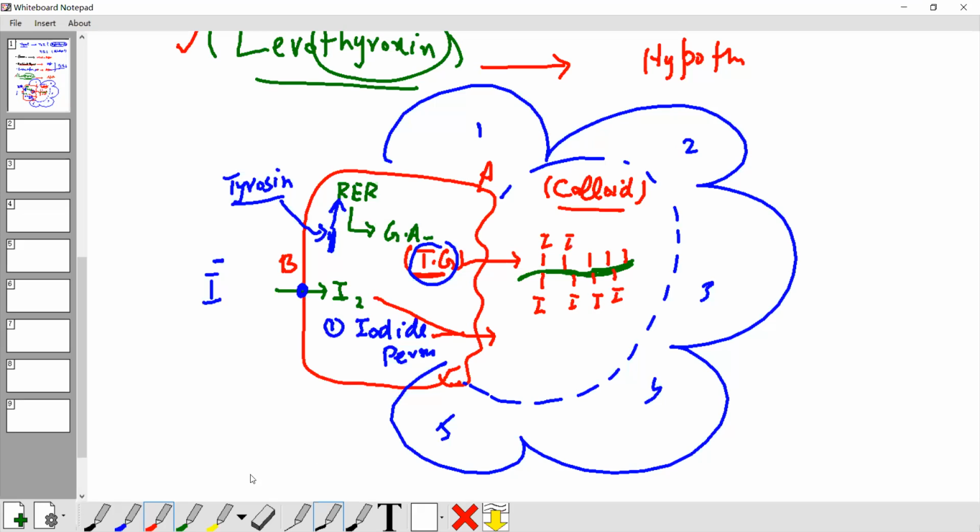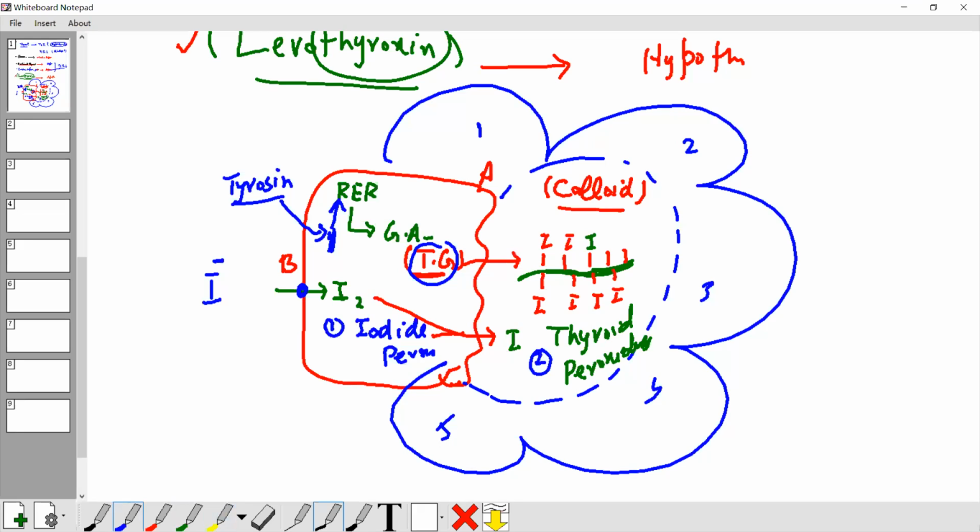The iodine comes from here and the thyroglobulin protein comes from here, both in the colloid. So here we need another enzyme, thyroid peroxidase. This is the second enzyme.